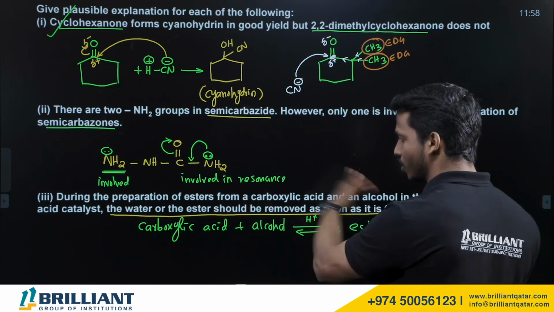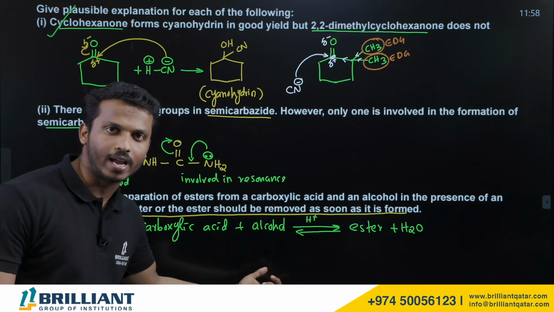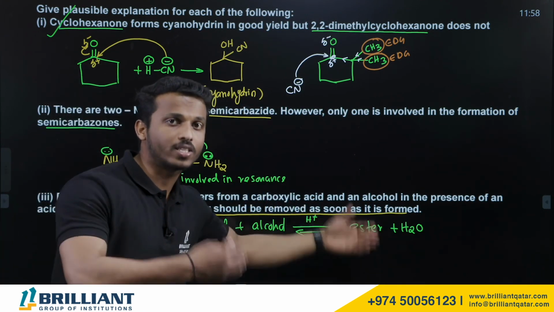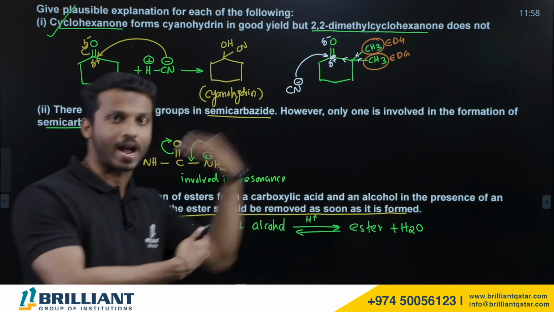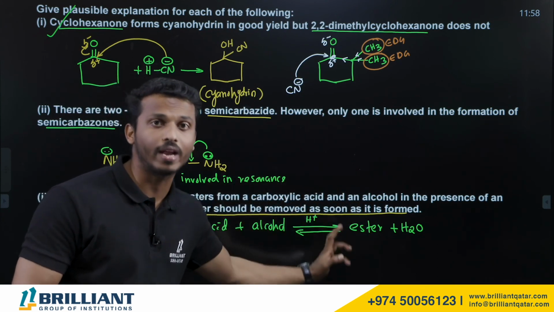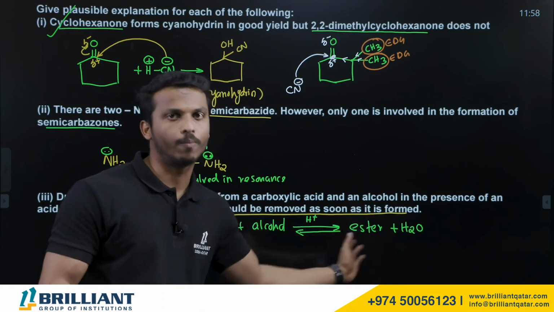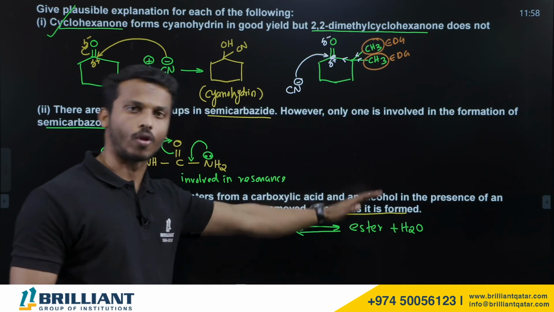This forward reaction will continue. Esterification is a reversible reaction. When ester forms along with water, there is more ester and water on the product side. So what happens? In order to balance it, the backward reaction happens. That will decrease our productivity of ester. So whenever ester or water forms, please try to remove both components immediately. Then we can keep the forward reaction going for a long time.